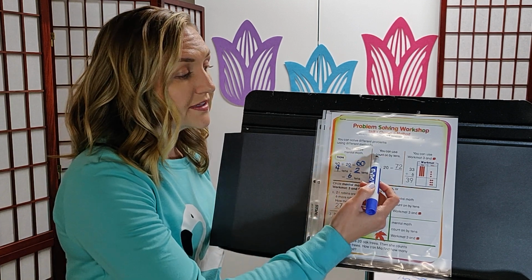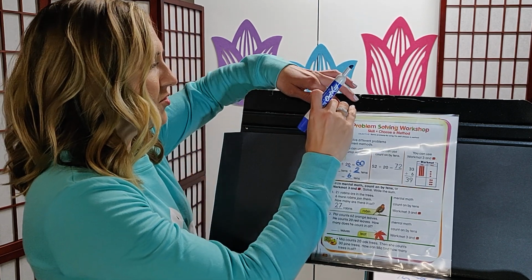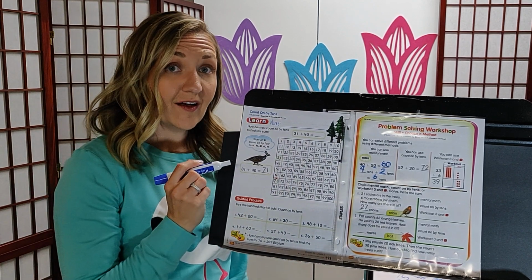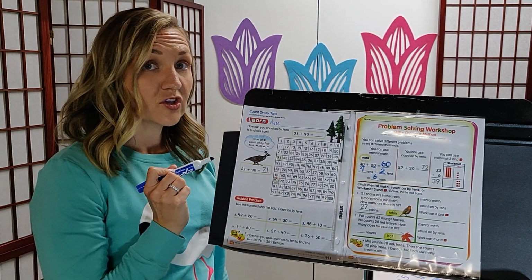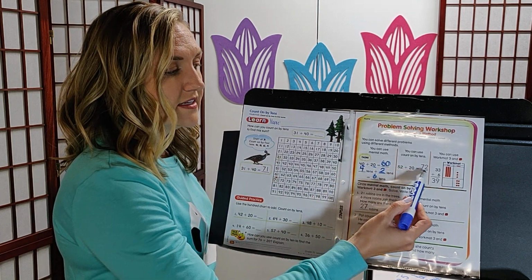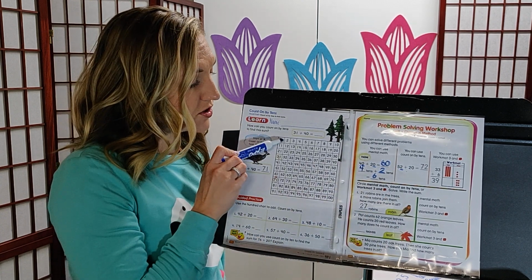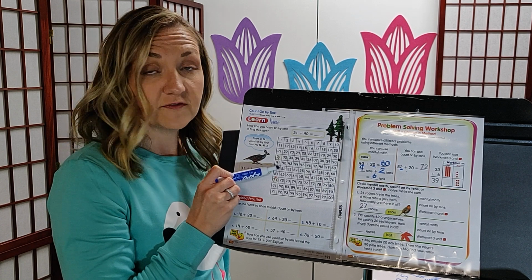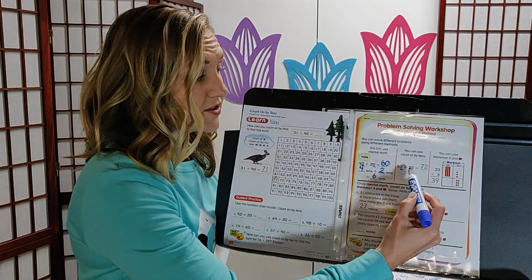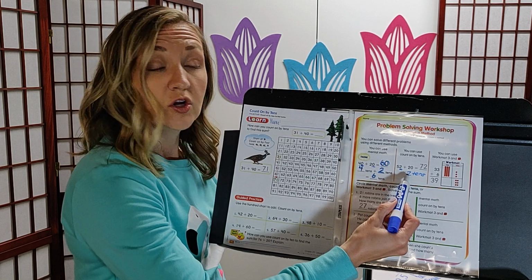You could also count on by tens, and this one we've looked at before from a different page. This page right here, where we used a hundreds chart to help us count, that's what it means to count on by tens. For example, 52 plus 20. 52 ends with a 2, so we would go to our twos column, scoot down until we find 52, and then we need to add 20. 20 is the same as 2 groups of tens, so we're going to jump down 2 times.